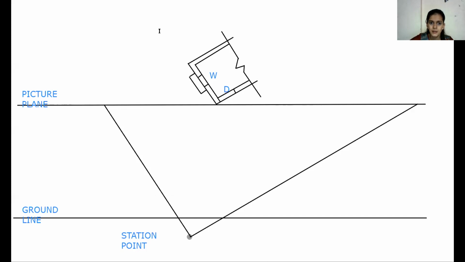Next, I'm showing the vanishing point. As we know, the height of the observer is 1.5 meter. So we need to leave 1.5 centimeter from the ground line and put the vanishing point.